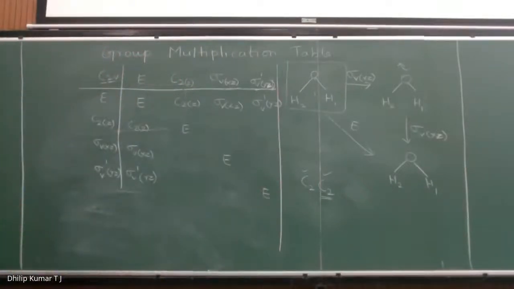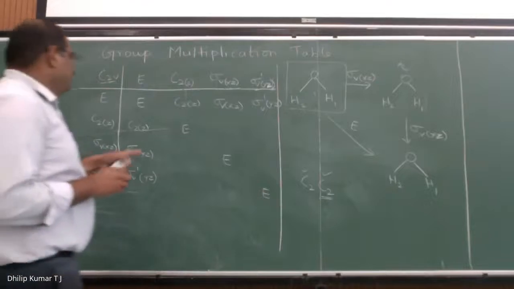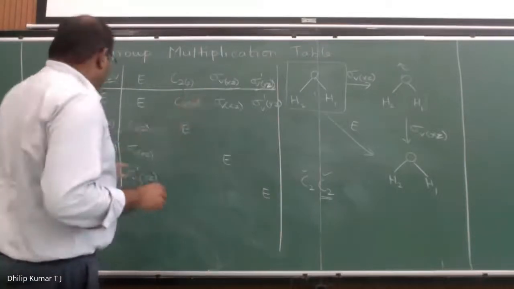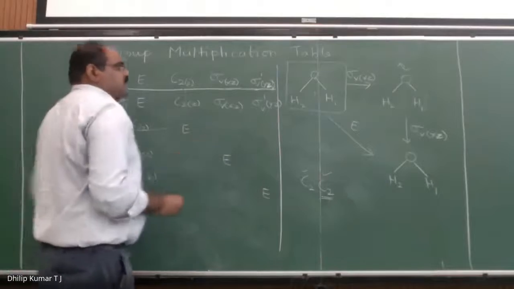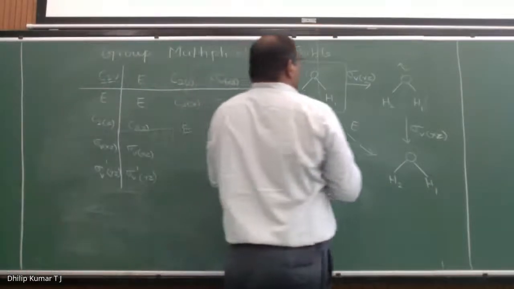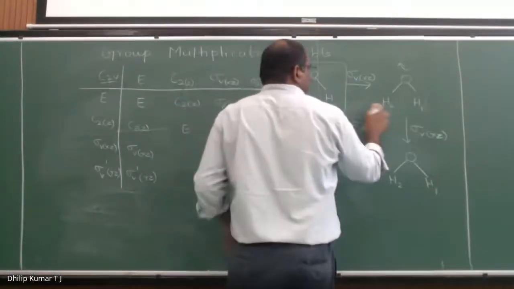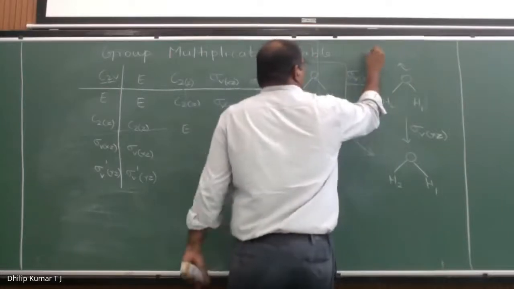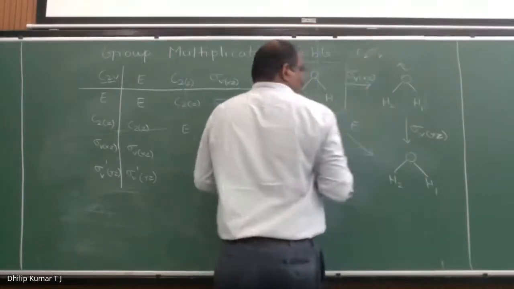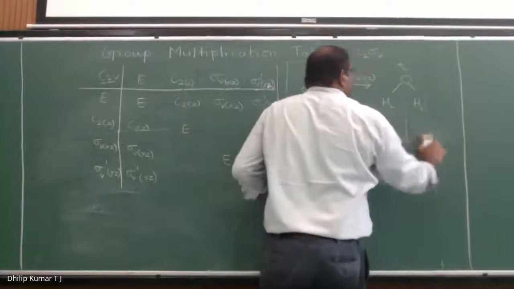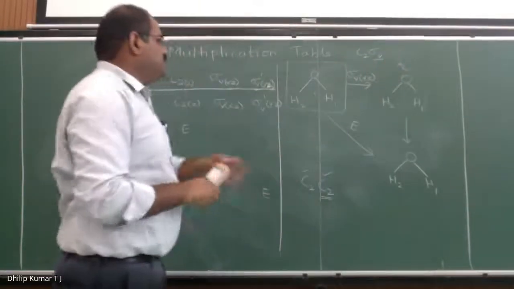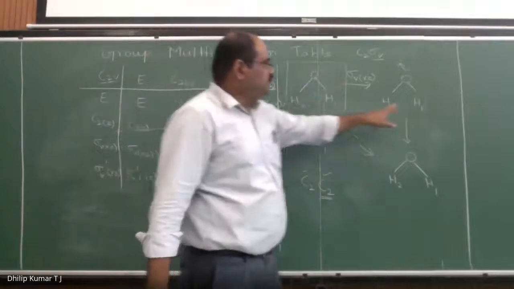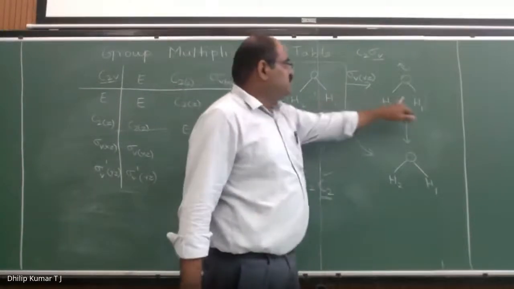Now let's try sigma V multiplied by C2. So we have to find out this. This is what I'm going to do. As I said, you have to start from the right side and come to the left side. If you perform sigma V, it's not going to change. The atoms are going to be in the same position.